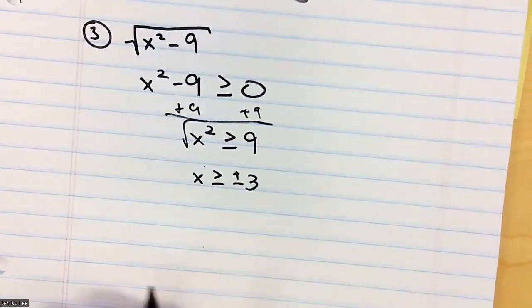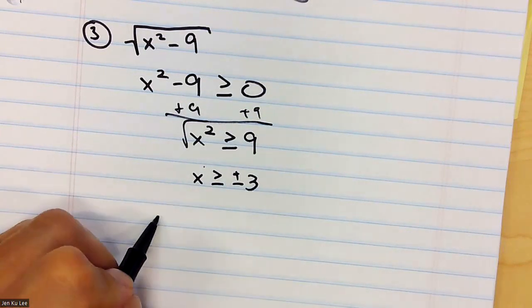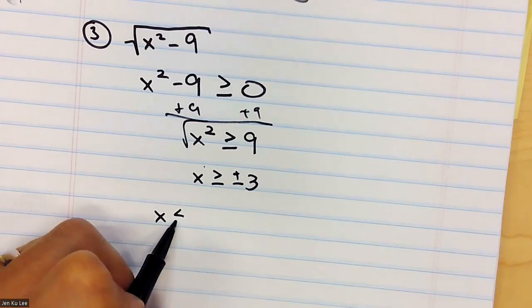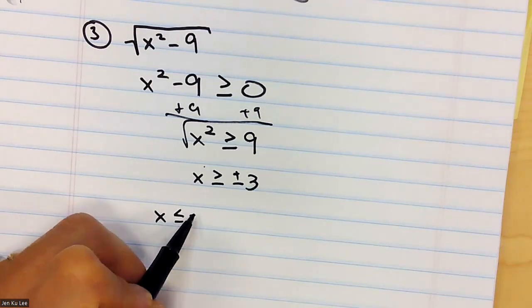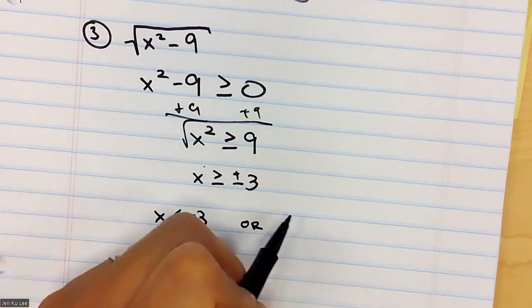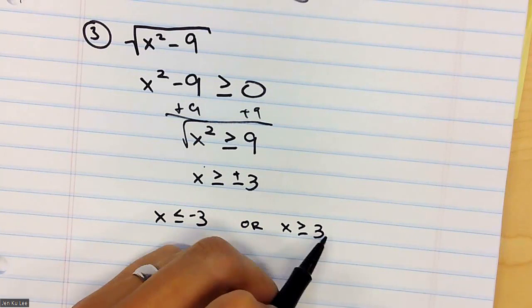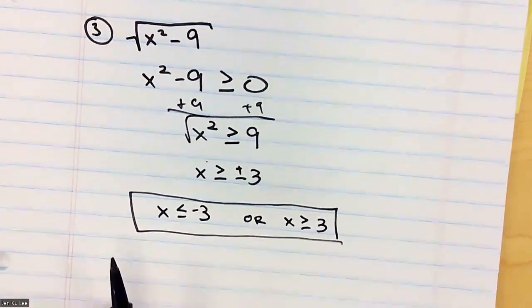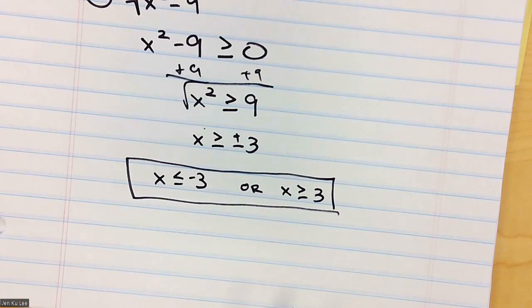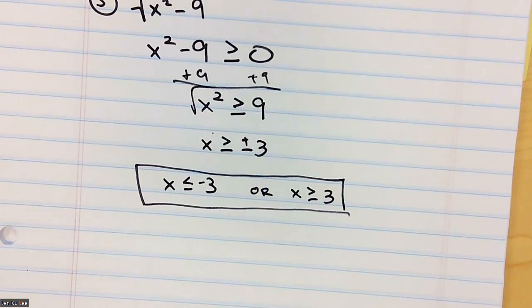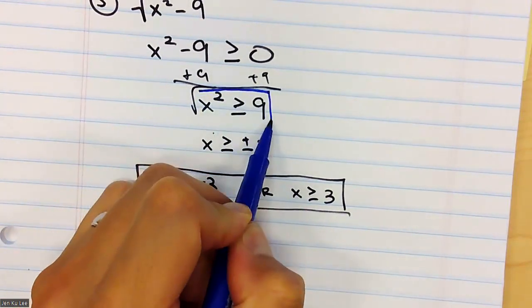What does that mean? That means it can't be positive or negative 2, or 1. It just can't be any number with absolute value less than 3. Instead of me teaching you like a robot, let's talk about this.